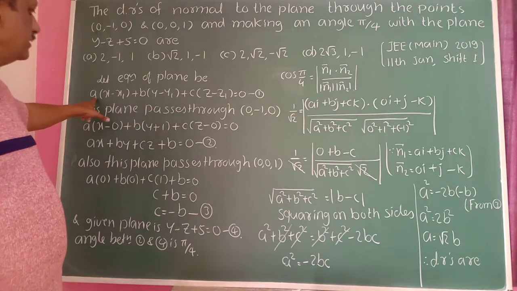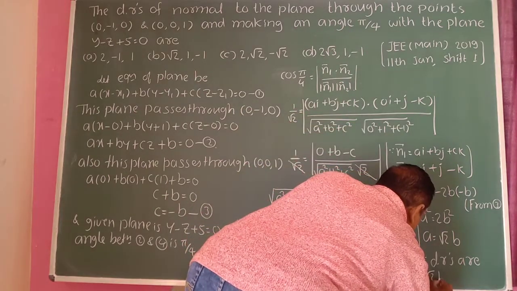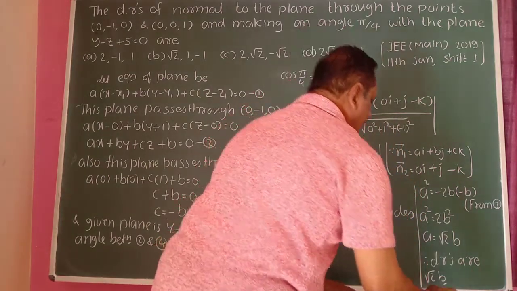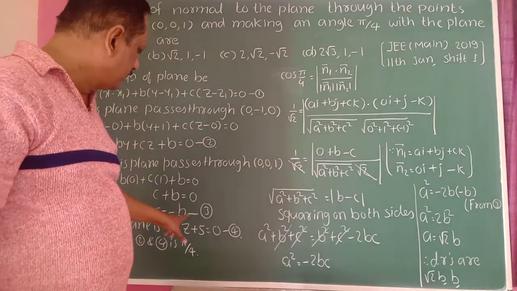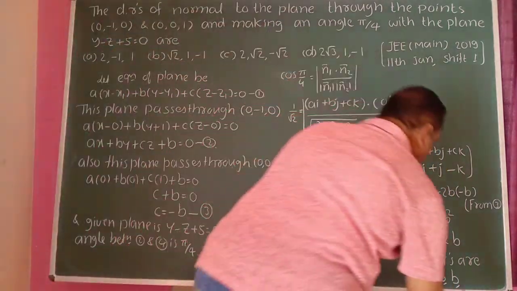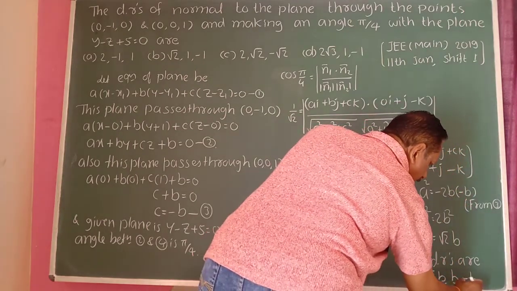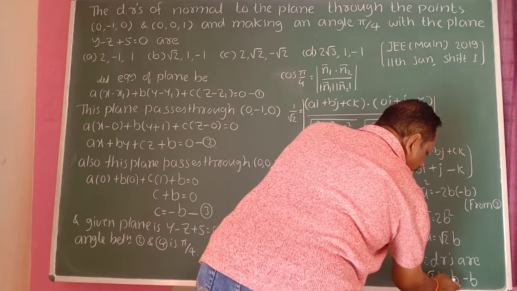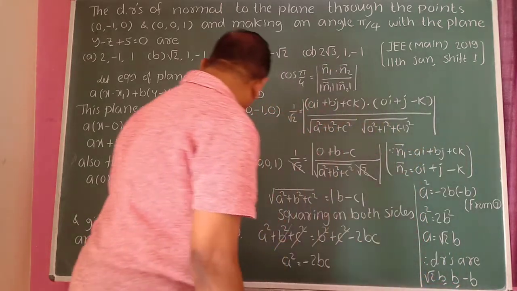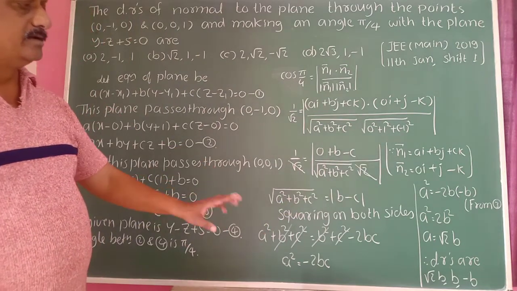A is root 2 into b, b keeps as b, and instead of c take minus b. So the direction ratios are (root 2 b, b, minus b).